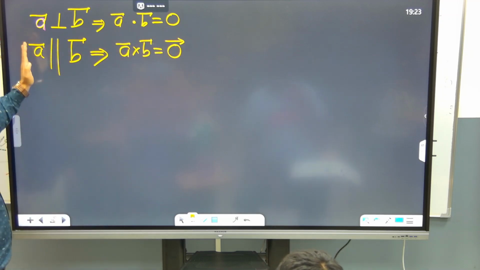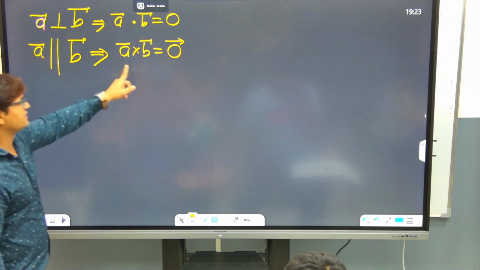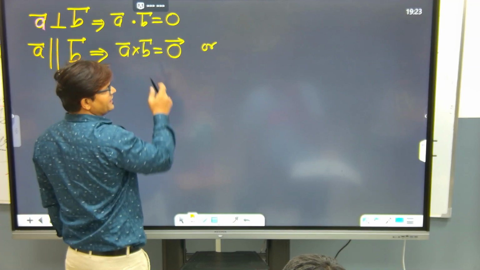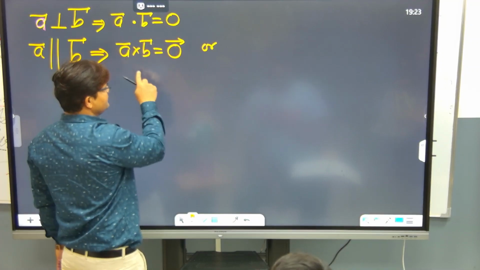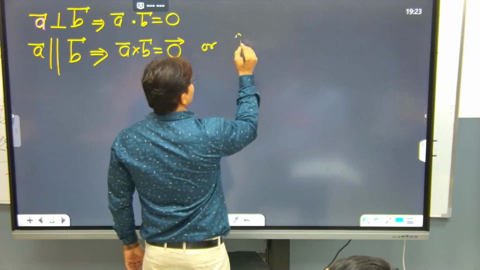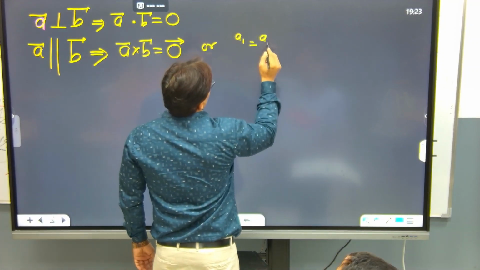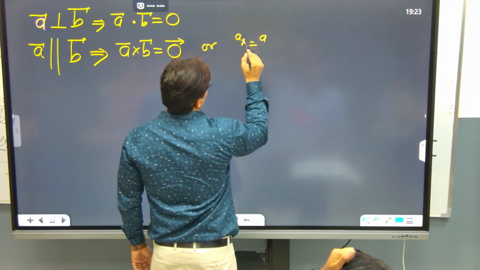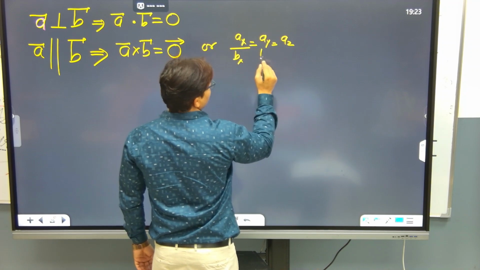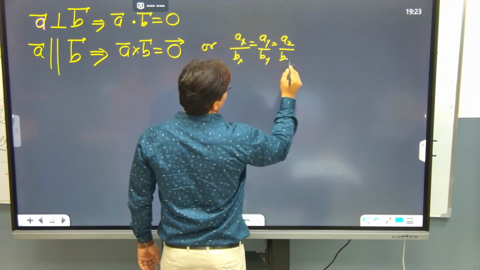So if vectors are parallel or collinear, first condition, when we are solving these two, mod a mod b sin theta, by using that concept with i j k, a1 a2 a3, b1 b2 b3, or we can write that in terms of x: ax ay az with the ratio bx by bz.